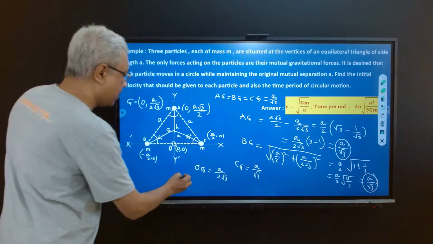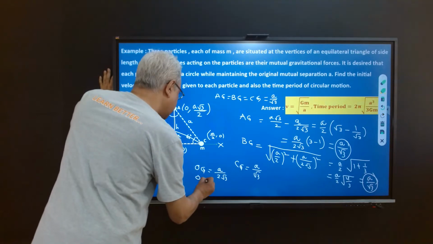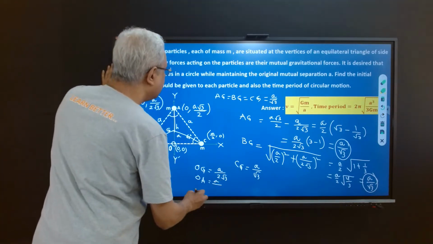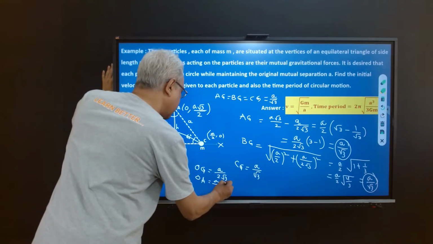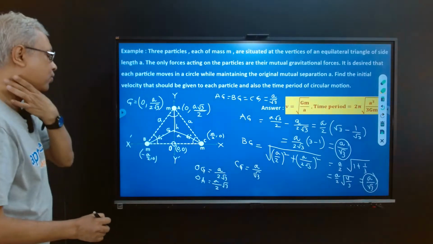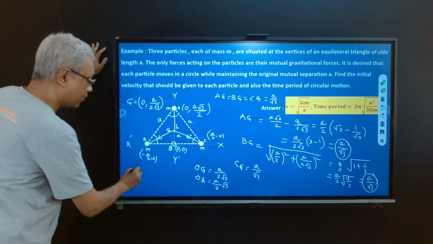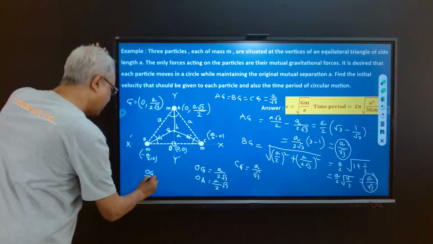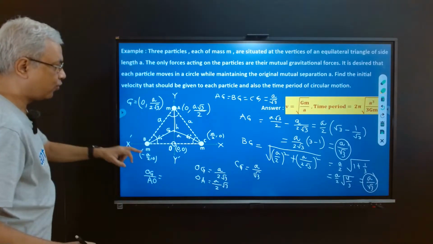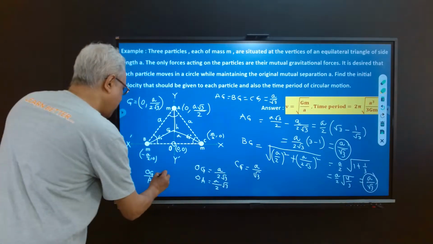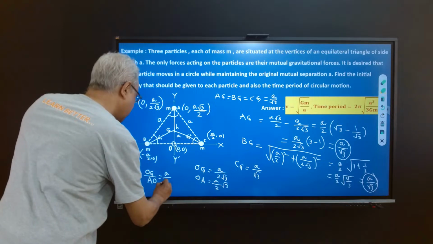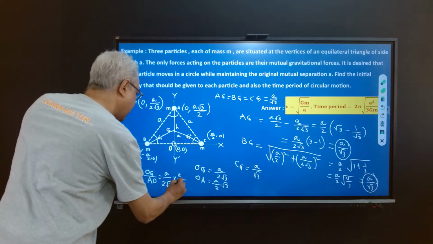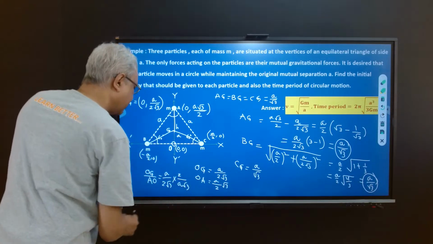Whereas OA is a by 2 multiplied by root 3. So what is OG by OA? OG by OA is actually a by 2 root 3 multiplied by 2 by a root 3.